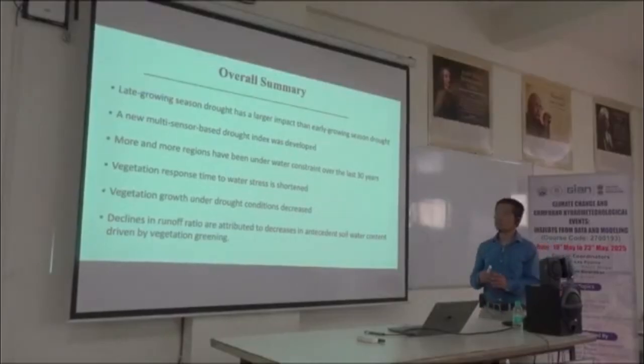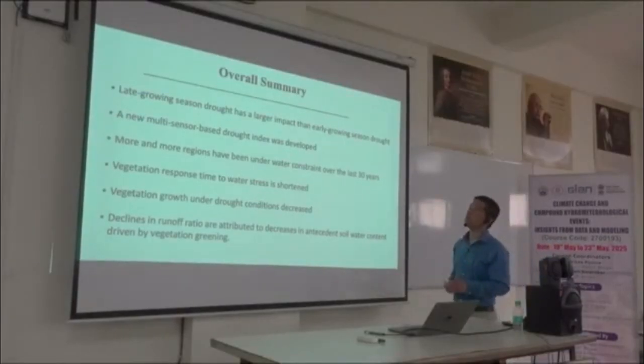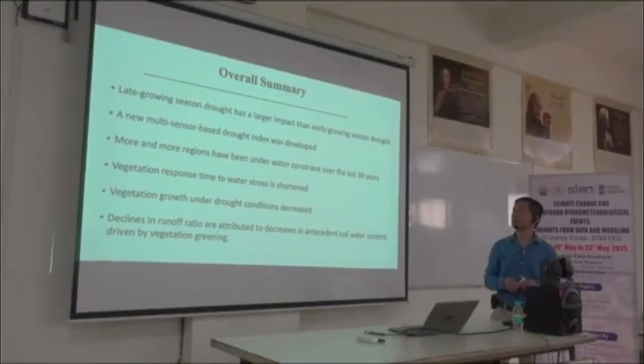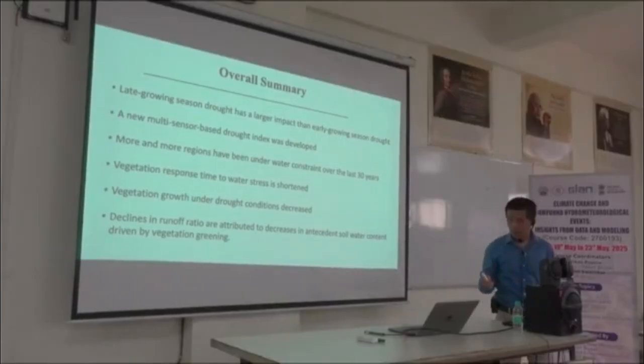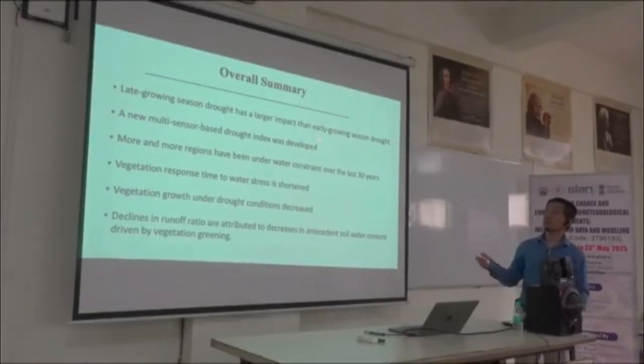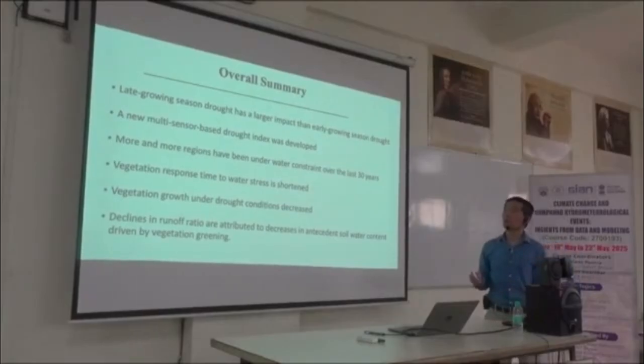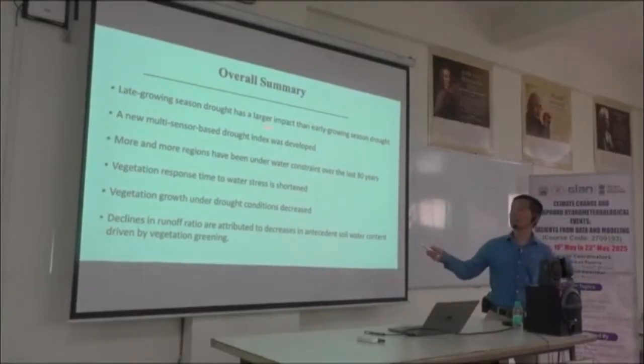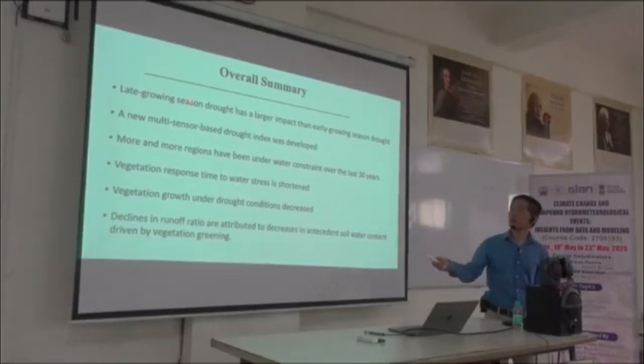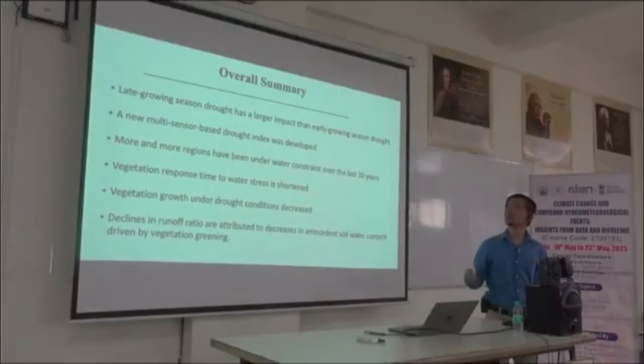So to summarize both parts, the drought part and the flooding part: based on the flux tower synthesis work, what we saw is that drought timing plays a very important role for ecosystem carbon sequestration. If you have a drought in the late growing season, that's very bad, but if you have a drought early in the growing season, it's not too bad.